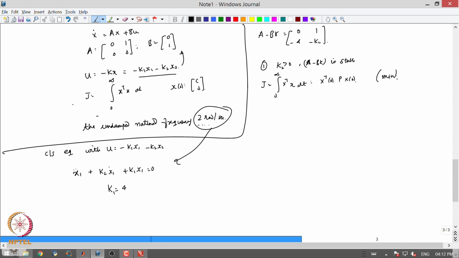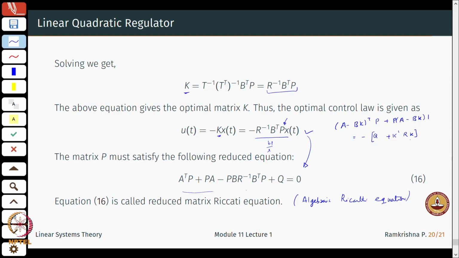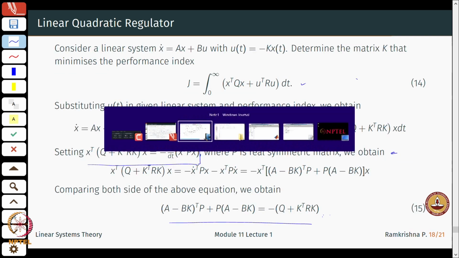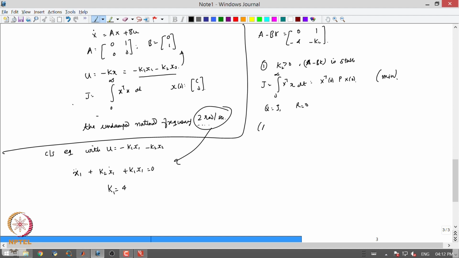If I put Q equal to I, R equal to 0 into my Riccati equation, I get the following expression: (A minus B k) transpose P plus P (A minus B k) is minus I.